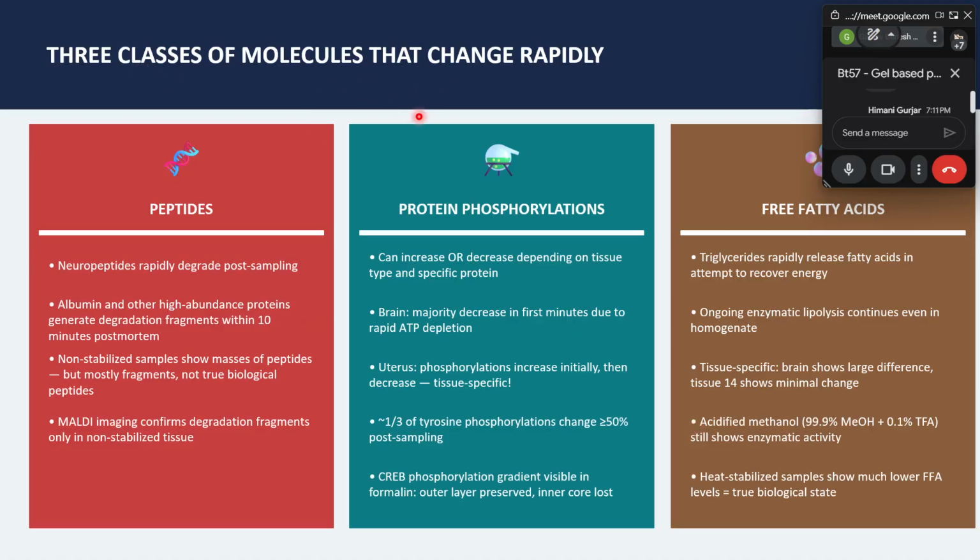There are three classes of molecules that change rapidly: peptides, protein phosphorylation, and free fatty acids. We are not going into detail on that, but these are the things which generally keep changing.